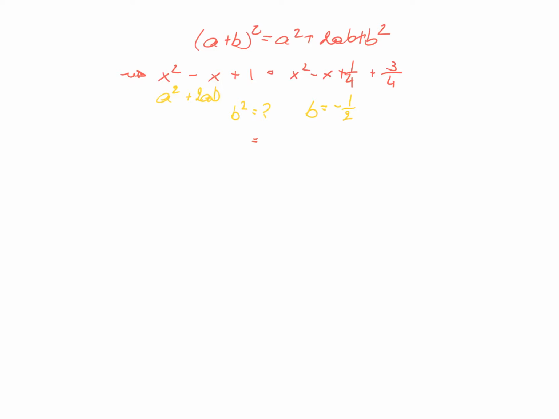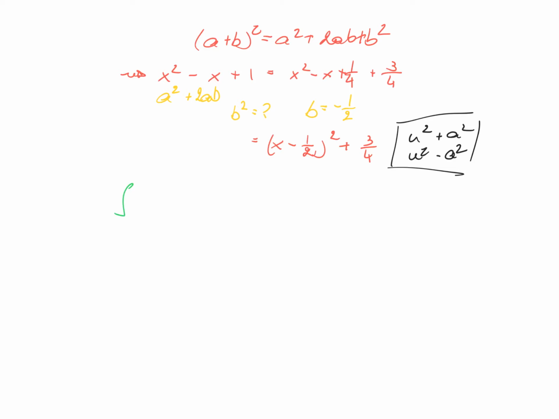And then this expression is just x minus 1/2 squared plus 3 over 4. So by completing the square, we will always find something of the form u squared plus some a squared, or u squared minus a squared. And we saw before how to solve integrals of this form. We saw this a couple of slides before in this same chapter.